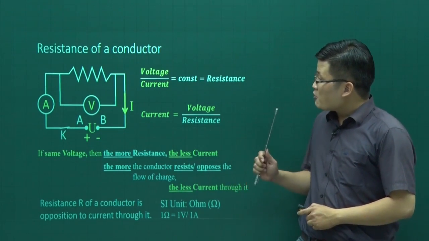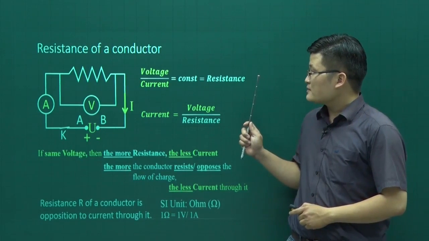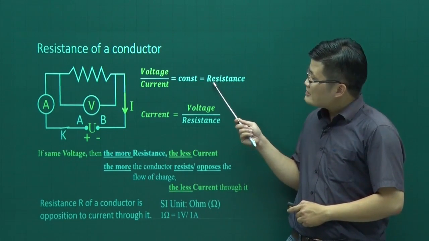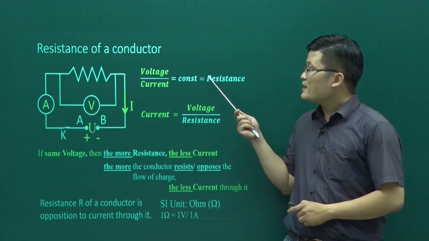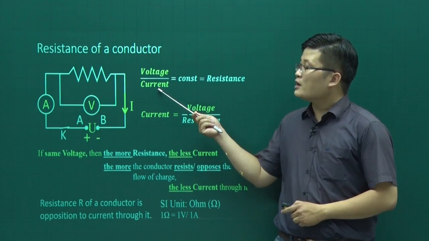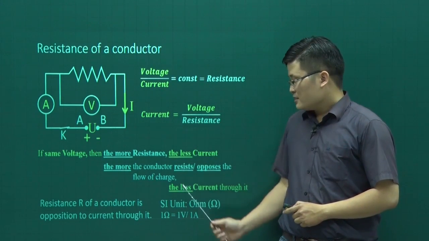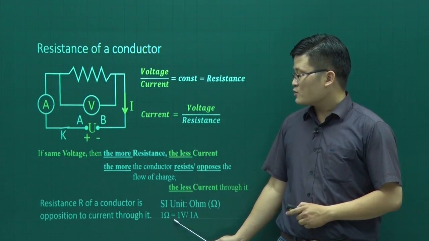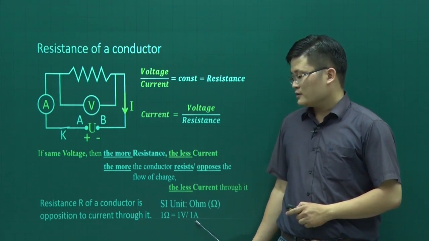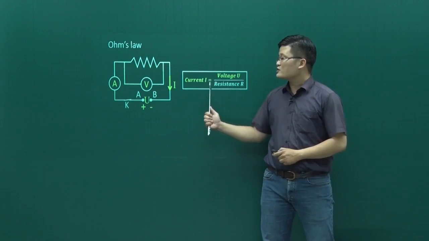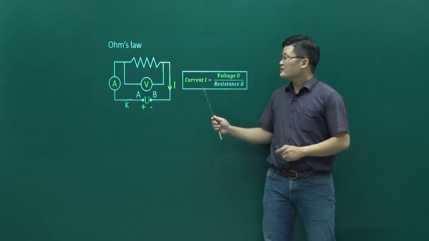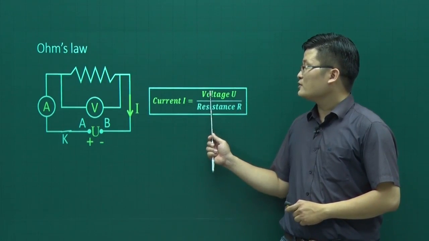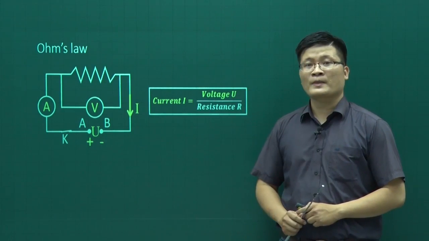Based on this formula, you can define the relationship between 1 ohm and 1 volt over 1 ampere. So 1 ohm equals 1 volt over 1 ampere. The equation we have finally is current I equals voltage over resistance.